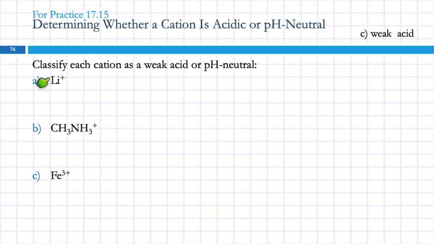So, is this the counterion of a strong base? What would that strong base look like? Lithium hydroxide. Take your cation and slap an OH on it. Is that a strong base? Yes, it is. So this is going to be pH neutral.